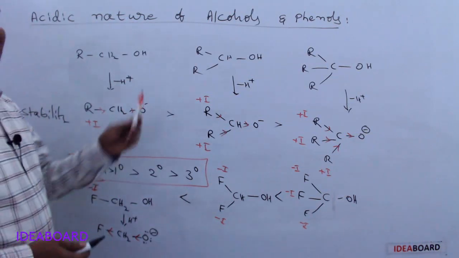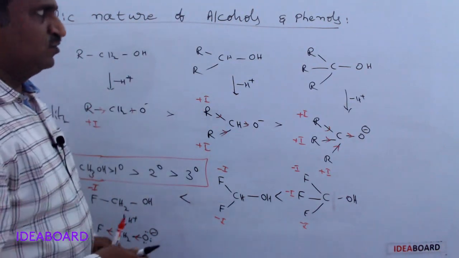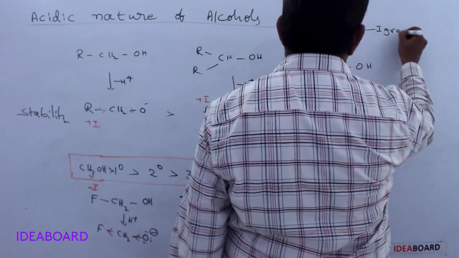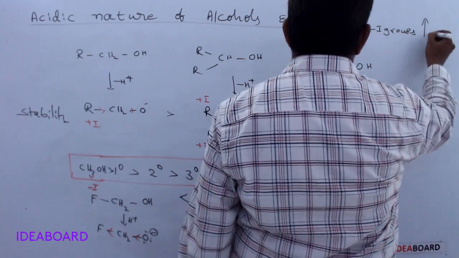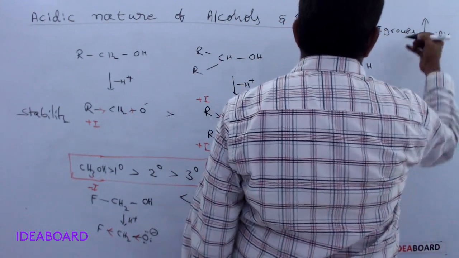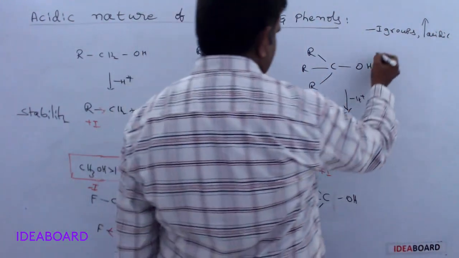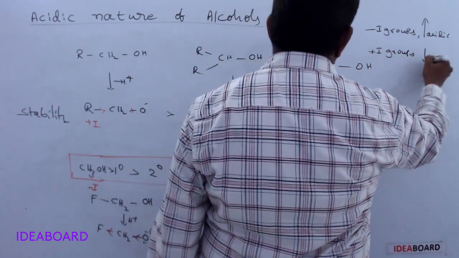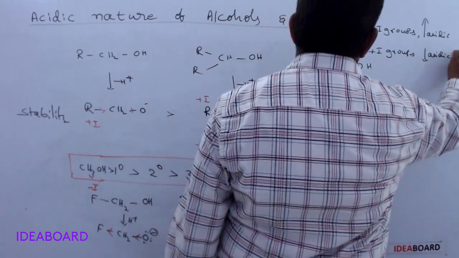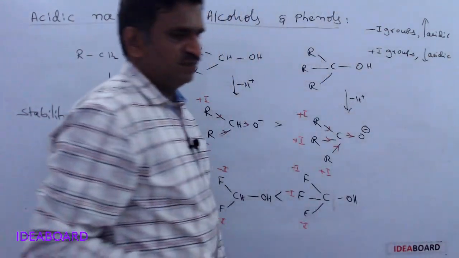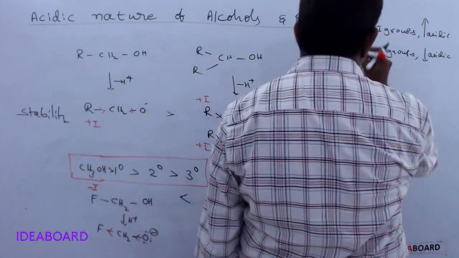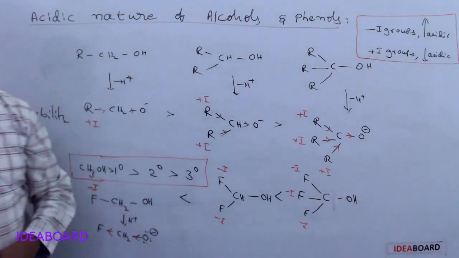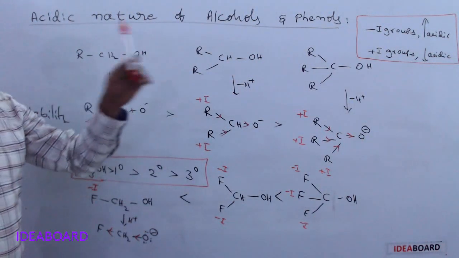When plus I groups are present, acidic nature decreases. So simply you can write: minus I groups increase acidic nature, and plus I groups decrease the acidic nature of alcohols. That is simple and the best way to remember. Acidic nature is always increased by minus I groups and decreased by plus I groups.